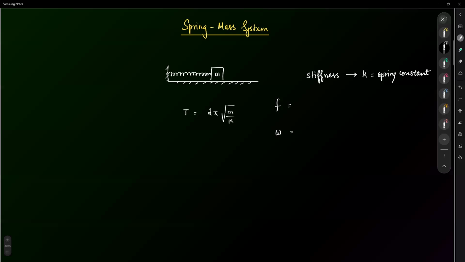F is equal to 1 by T, omega is equal to 2 pi by T. F is also equal to 1 by 2 pi root over of m by k, whereas omega is equal to root over of k by m, as we have seen in our case of SHM also. Clear?